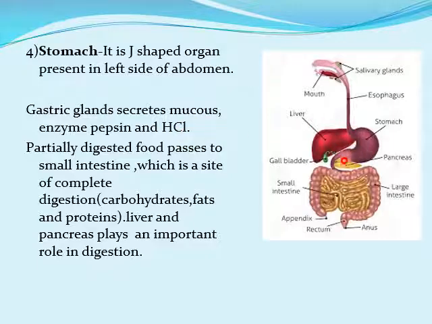After the partial digestion of food takes place in the stomach, the food reaches the small intestine, which is also known as the site of complete digestion, where the carbohydrates, proteins as well as fats are completely digested.